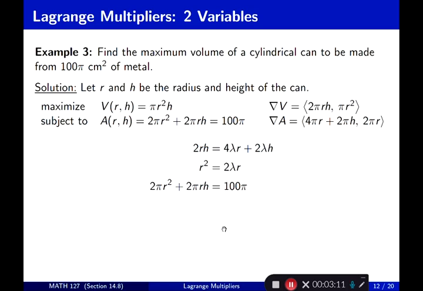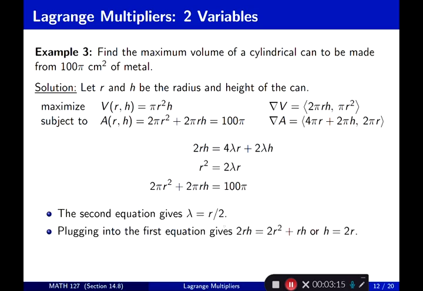So solving, first lambda is equal to r over 2. The other one is by replacing lambda with r over 2 in the other equation, you get 2rh equal to 2r squared plus rh, or h is equal to 2r.